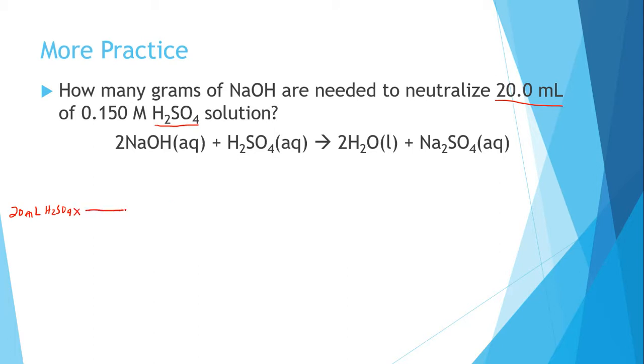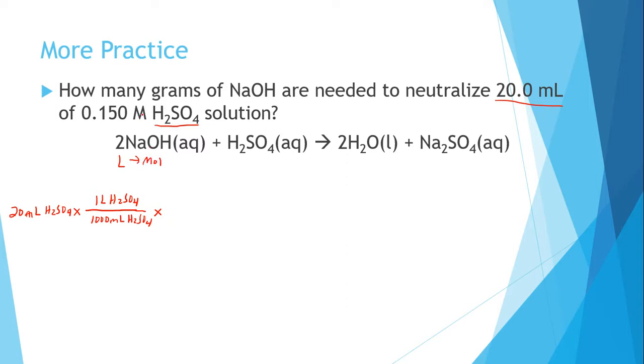Remember, we cannot do anything in milliliters, so I need to get it to liters first. So 1 liter is the same thing as saying 1,000 milliliters. Now that I have it in liters, I need to somehow go from liters to moles.